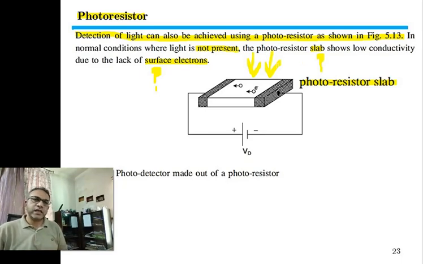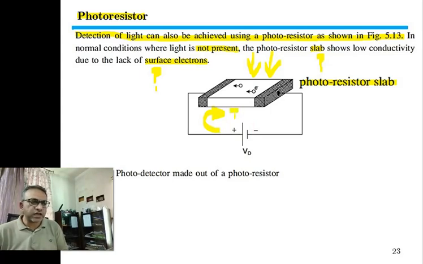As the light falls on the slab, the resistance of the slab decreases and more current flows through the slab. Where will this current come from? This current comes from the external battery. Now you can see that I have shown current.